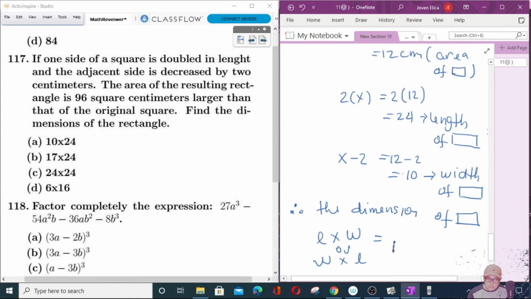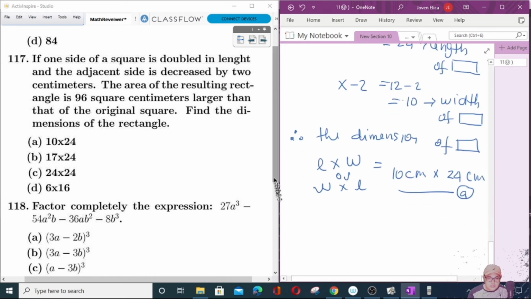It is equal to 10 centimeters, the width, by 24 centimeters, the length. So the answer is letter A, 10 by 24.